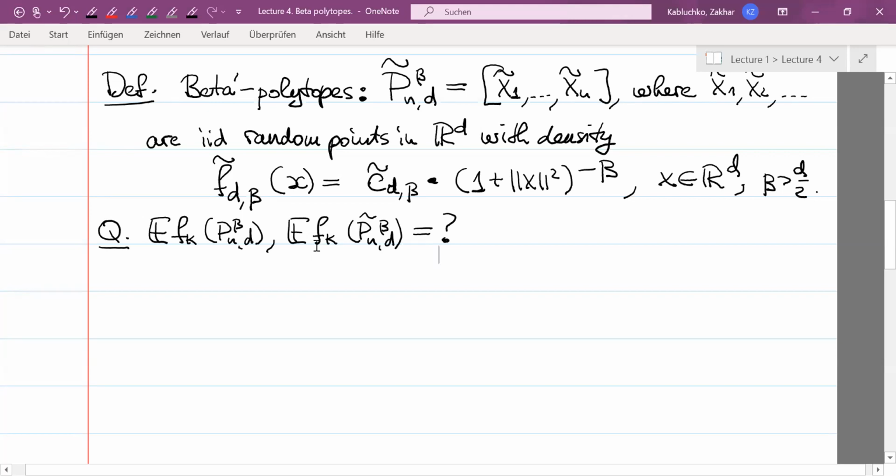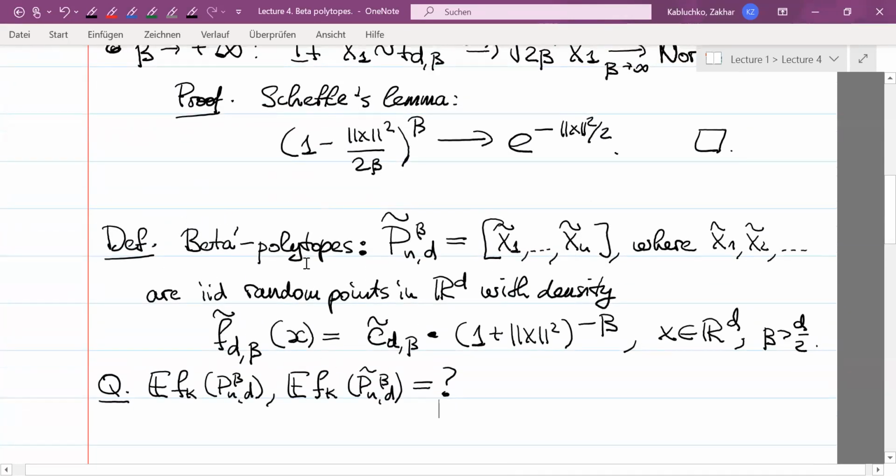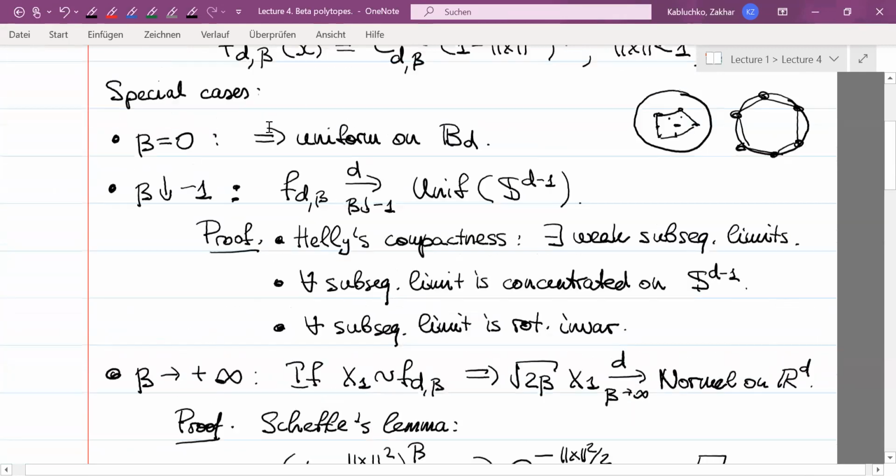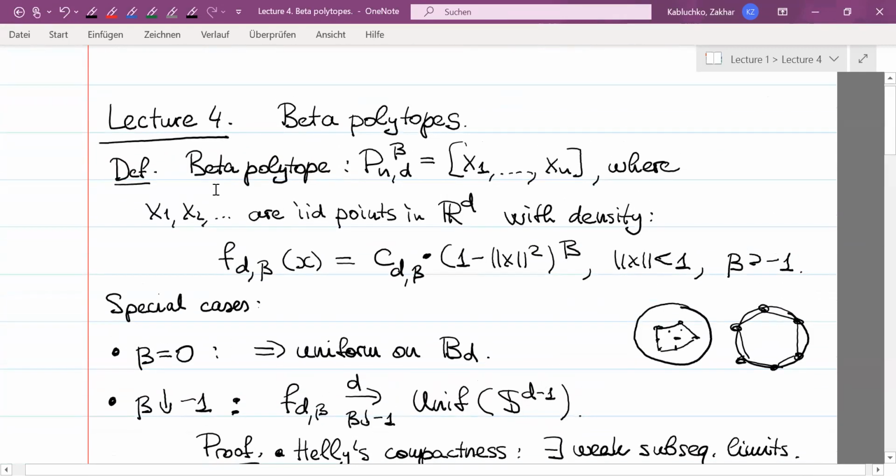I will explain how these beta polytopes, or more precisely beta prime polytopes, appear in various problems of stochastic geometry. So I will show a number of problems, for example, on random tessellations, which can be reduced to these beta prime polytopes, and which may be of some general interest, because these two classes of distributions appear not only in stochastic geometry.